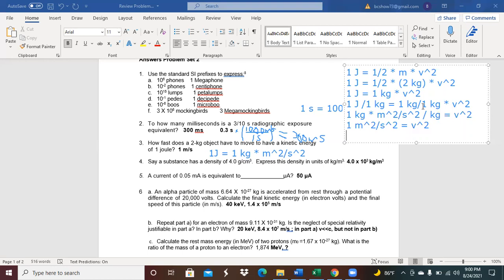So when I take the square root of both sides, that means 1 meter per second is equal to the velocity. Or in this case, the speed, since we simply don't have any idea as to what the direction of the motion is.